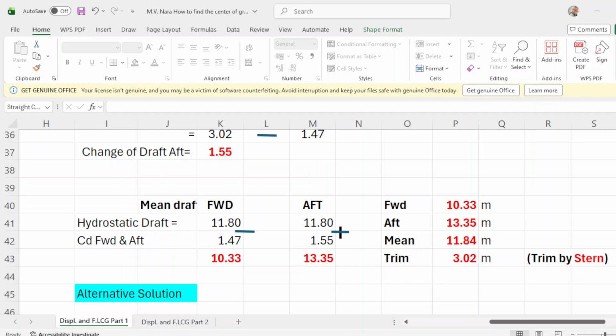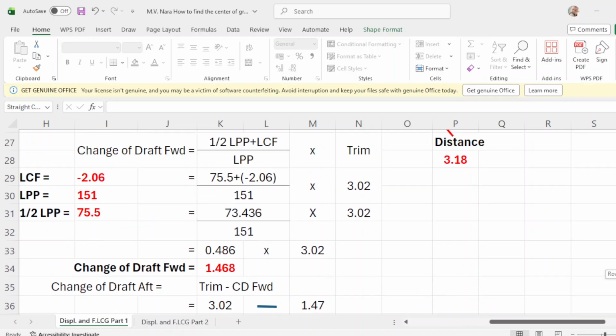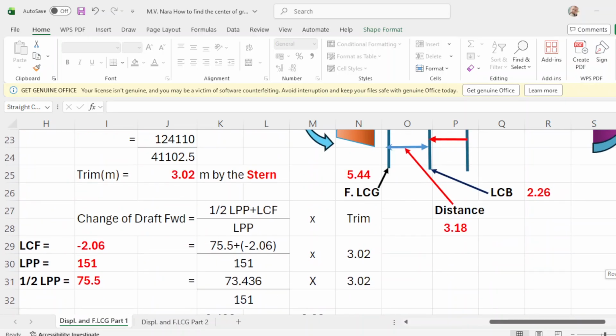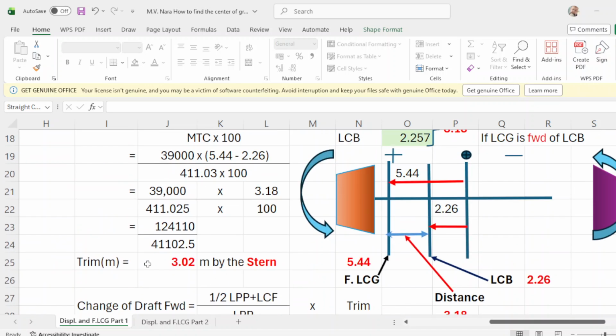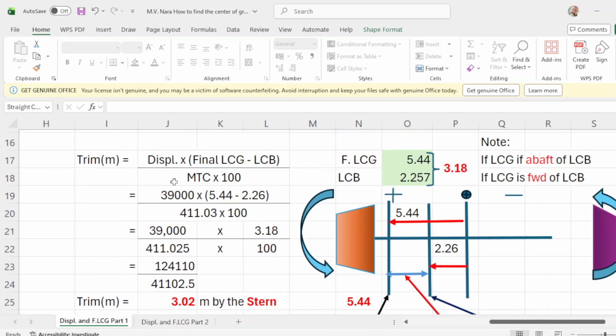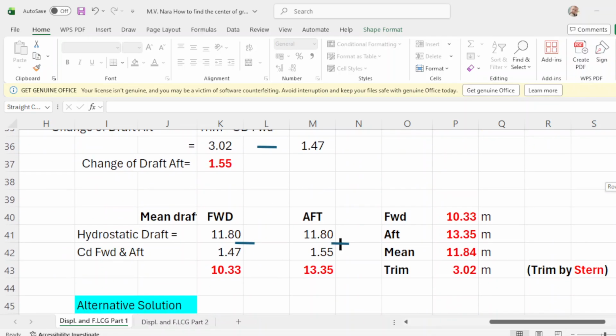If this is synchronized with your trim computation, then up drop minus forward drop is 3.02.